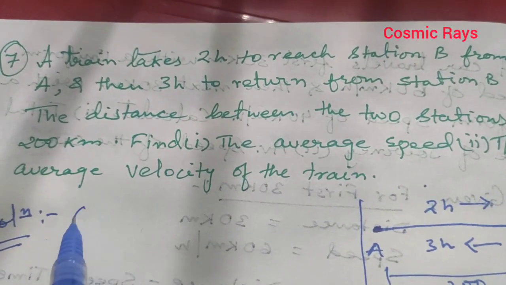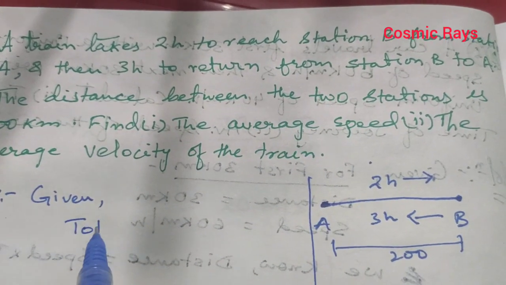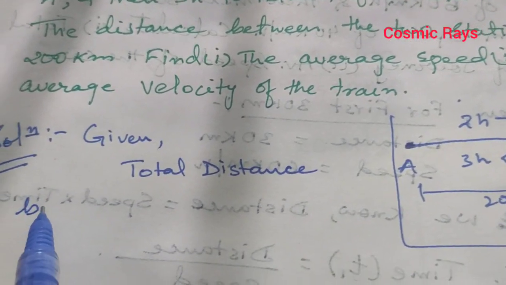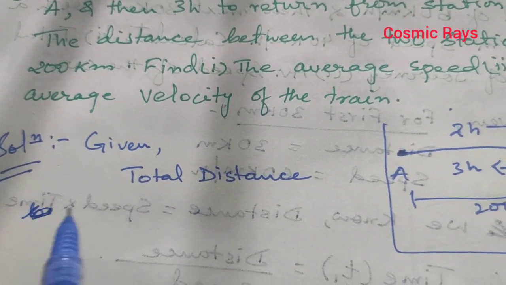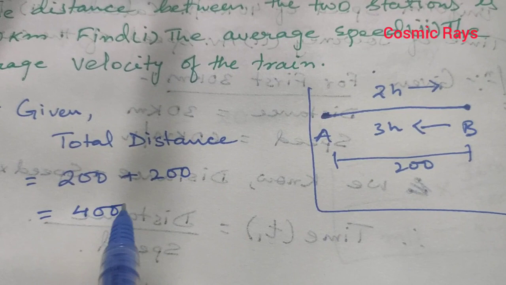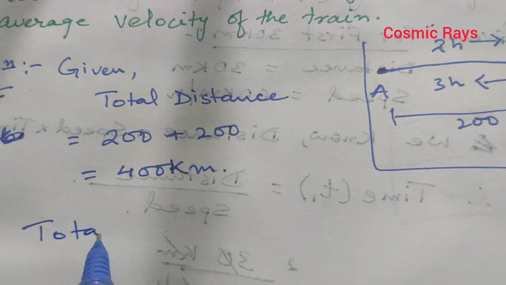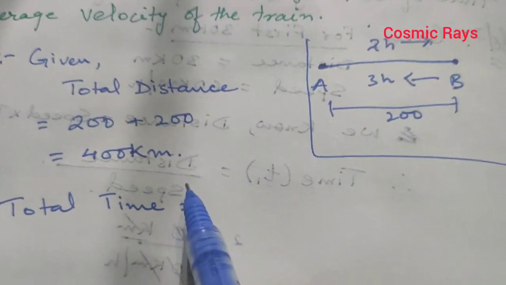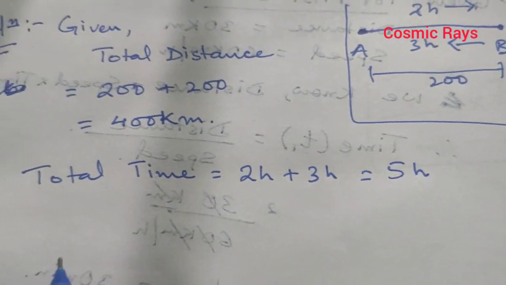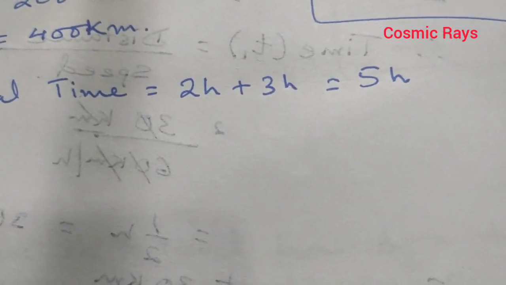We first write the given things. Total distance is 200 plus 200, that is 400 kilometers, and total time is 2 hours plus 3 hours, that is 5 hours. Now for the first part, we have to calculate the average speed.